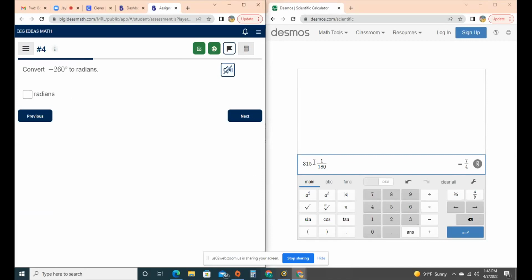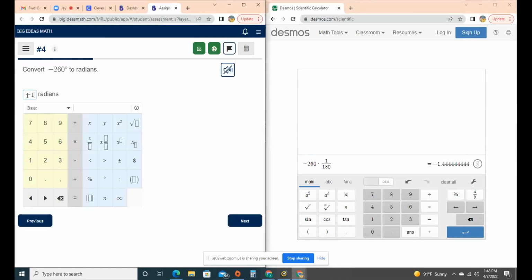And then 260. You can put negative 260 in if you want. It won't matter. It's either going to be positive or negative. You know, it's going to be minus 13 over 9 or 13 over 9. No, you want to go back to the fraction on the right there.